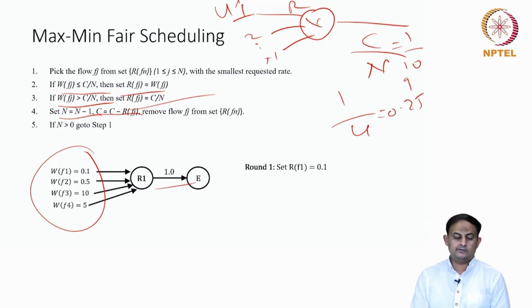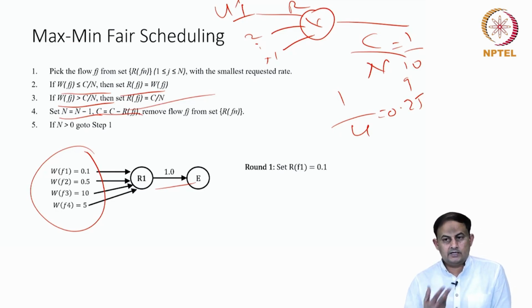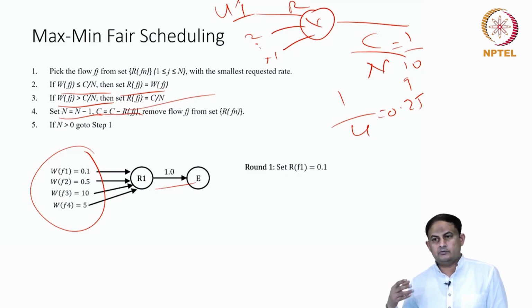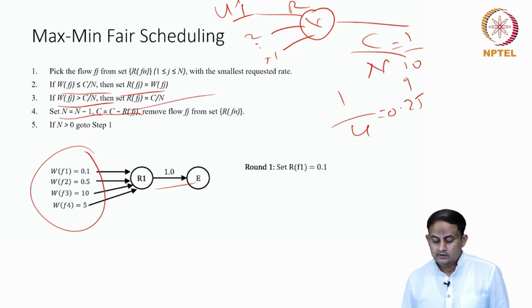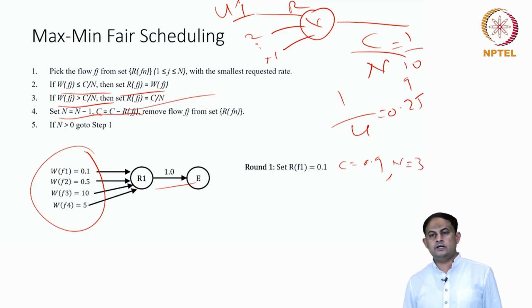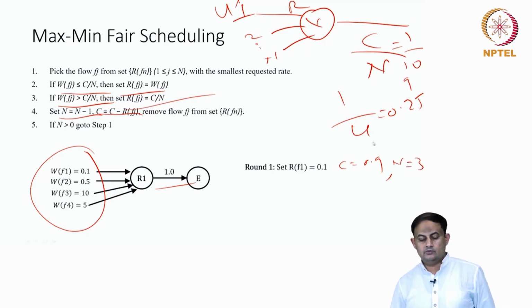The fair share of user 1 is 0.25, but his transmission rate is 0.1, which is less than 0.25. You allocate 0.1 Mbps to that user, whatever he is asking for, and now you update. After this allocation, the capacity reduces to 0.9 Mbps, and the number of users yet to be served is reduced to 3. That is what happens in round 1.